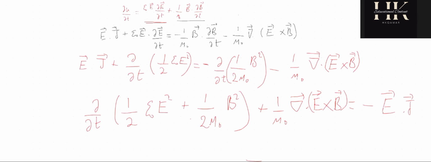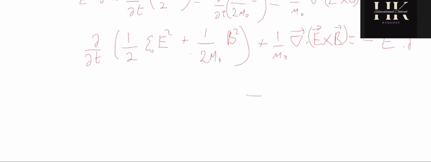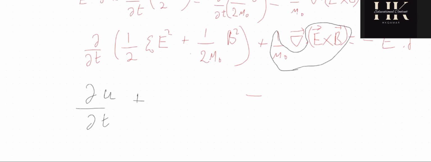From here, we know that this is equal to U, the energy density. So we can write it as ∂U/∂t plus this (1/μ₀) E×B, which equals S, so ∇·S is equal to minus E·J.